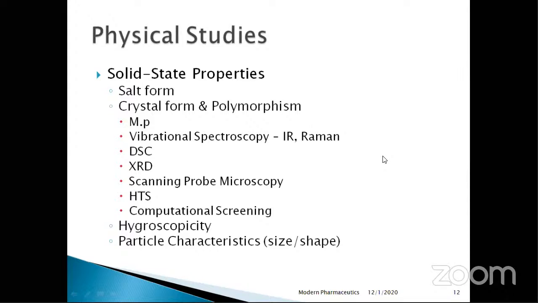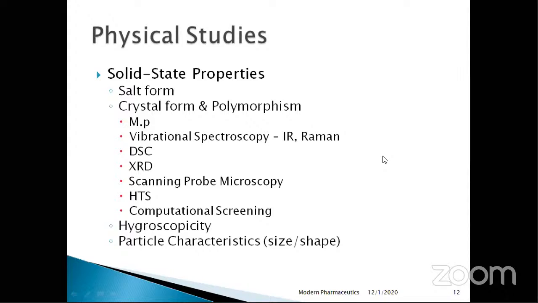Until and unless the pharmacopoeia tells you to declare the moisture absorption rate, you may not need to go for a hygroscopicity study. But as a precaution, because water is a detrimental factor and hydrolysis is a known degradation route for several drugs, this study should ideally be done if you have the quantity of sample available as well as the infrastructure.